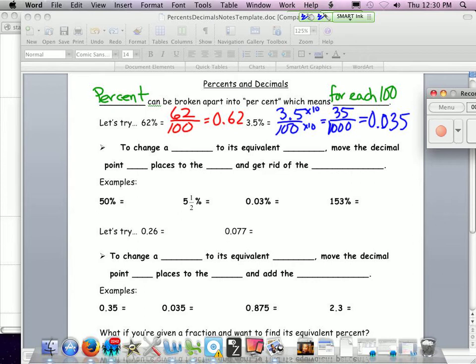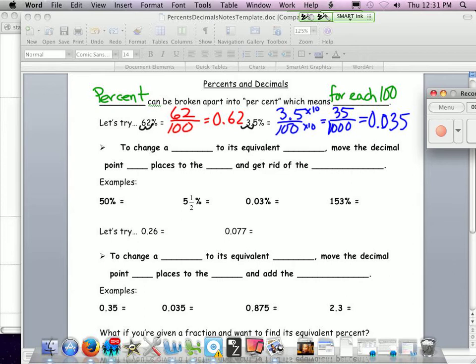But there's an actual shortcut, a swooping trick, to turn the percents into decimals. So notice in this one, 62% has an implied decimal after the 2. And when I turn it into the decimal equivalent, it swoops 2 places to the left. This one, the 3.5 here, swoop, 2 places to the left.